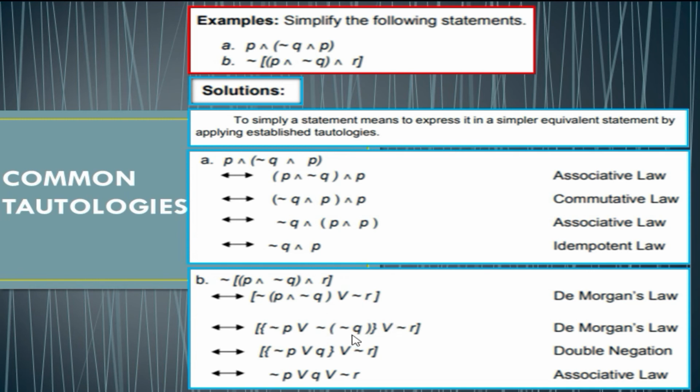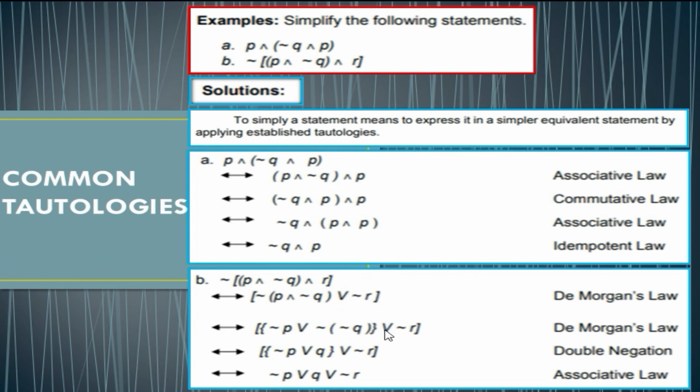This is if and only if not P or (the negation of not Q or not R). So this means that we distribute the negation in the first and in the second term. As you can see, we have not P or the negation of not Q, but then from and it becomes or.